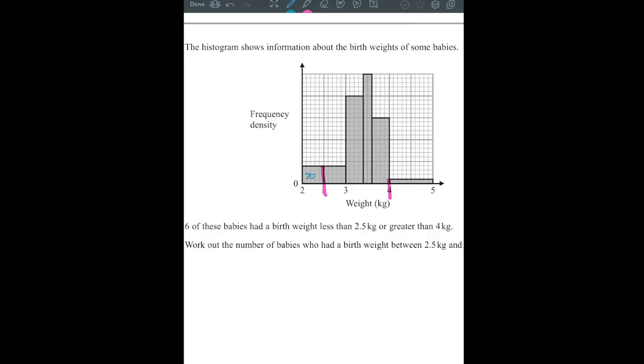There are 20 boxes here, and there are another 10 boxes over there. So in total, I have 30 boxes, and that, we've been told, is 6 babies. So every box is worth a fifth of a baby, 0.2 babies.